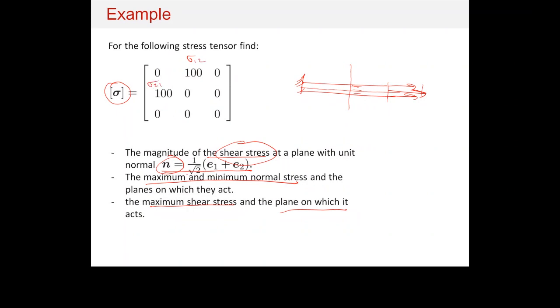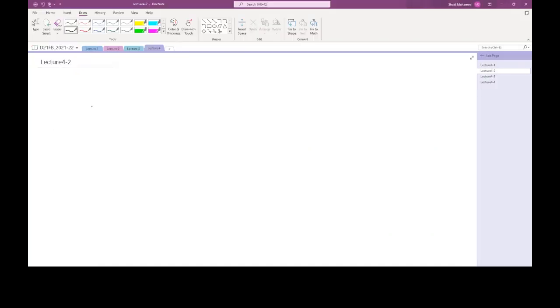And then I have this normal direction. So I'm just going to write them down here. So first of all, the stress tensor is 0, 100, 0, 100, 0, 0, 0, 0, and 0. This is the first thing. Then I have the normal direction.